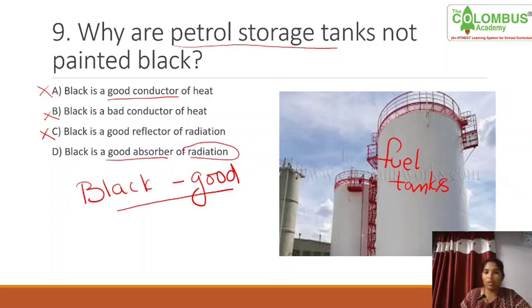Whatever the sun radiation, if it absorbs, the heat will increase, the petrol will get evaporated, and there is a chance of explosion. So we will not paint petrol storage tanks black. The option is that black is a good absorber of radiation. That's why we are not using it to paint fuel tanks. Not only petrol, even for every fuel tank we will not use it, because black is a good absorber of radiation.